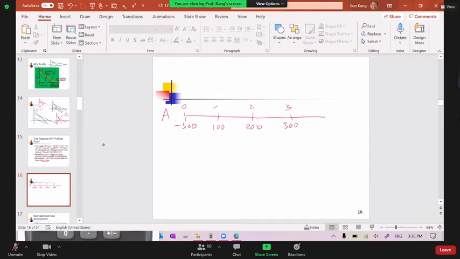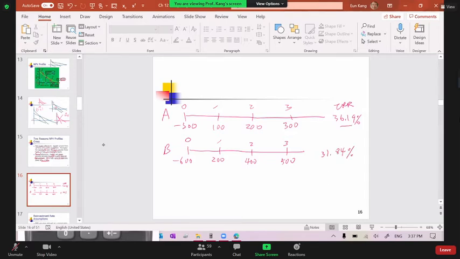And project B is a bigger project: minus 600, 200, 400, 500, like this, right? Then if you calculate IRR, this is 36.19%, and this is 31.84%.